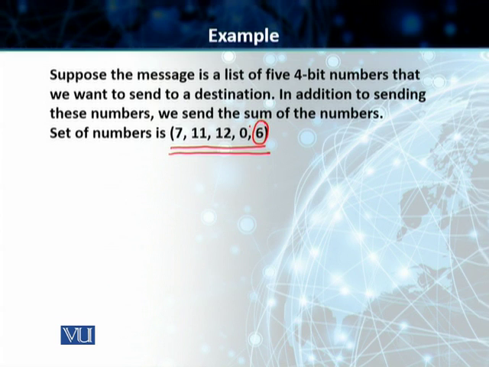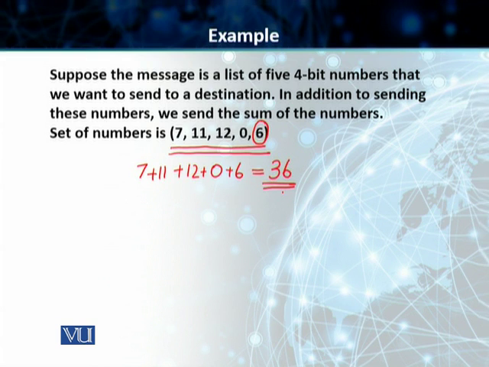Students, originally, for the set of numbers that we need to send, the checksum comes out to be, if you've got 5 numbers, 7 plus 11 plus 12 plus 0 plus 6, equal to 36.